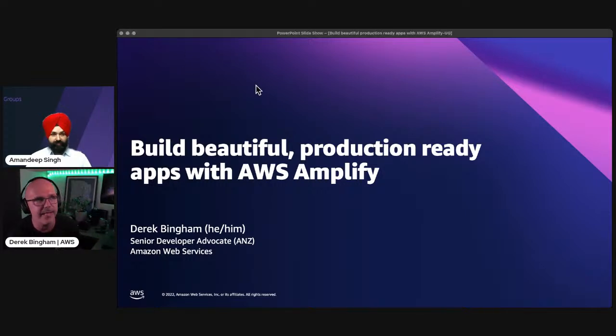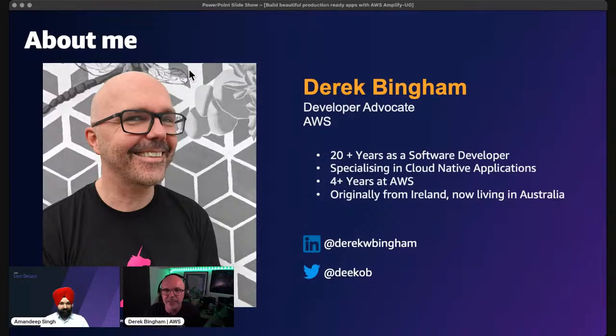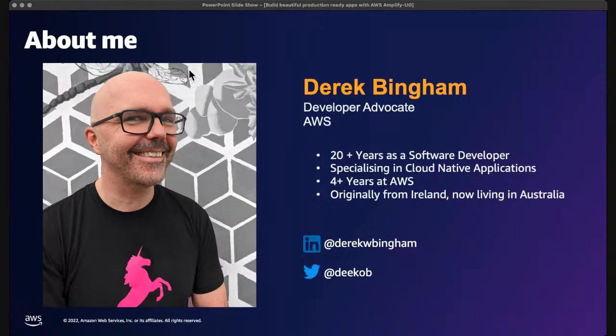So let's kick off. First of all, who am I? So my name's Derek. As Amandeep said, I'm a developer advocate at AWS, and I have spent the last 20 years building software. I've built software at front end, back end, and everything in between. And for the last 10 years, I've probably been doing cloud native development on lots of different application stacks.